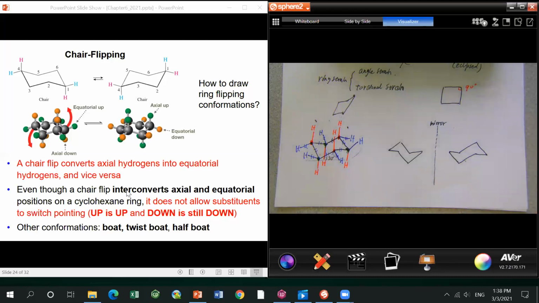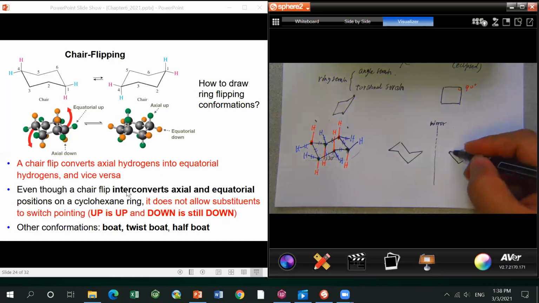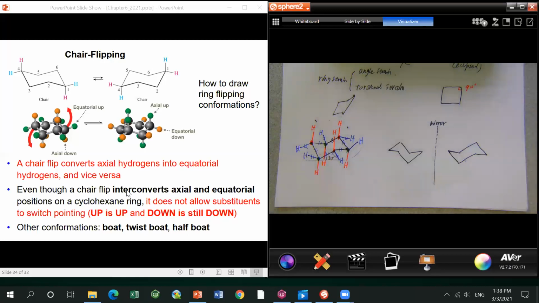So this carbon is mirrored here, this carbon here, this carbon here, and this carbon here, and then this one here. That's step number 1, the reflipped framework.